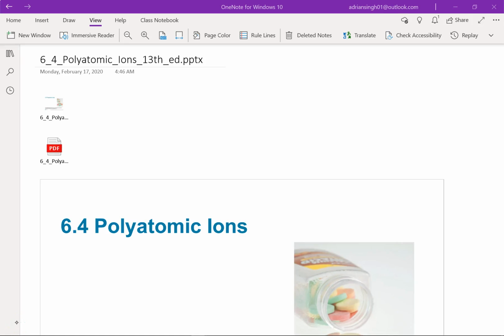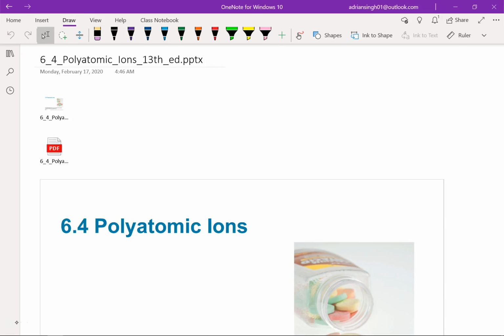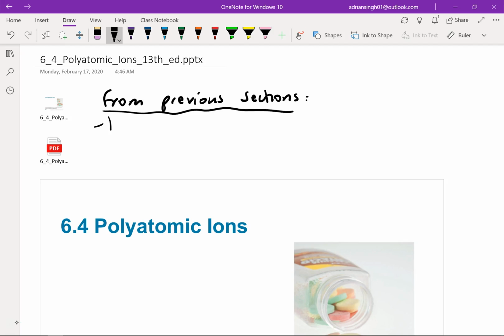Alright, so in this section we're going to be taking a look at a different type of ion that can be involved in ionic bonding. And just to give you a reference, from the previous sections that we looked at, we were able to look at bonding in terms of monoatomic ions, right?